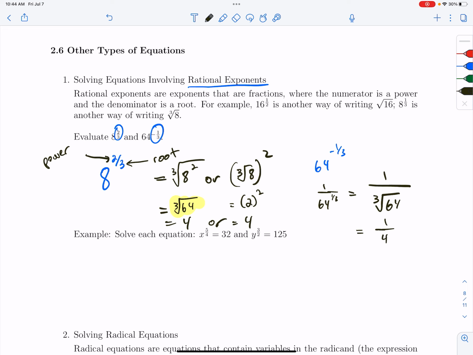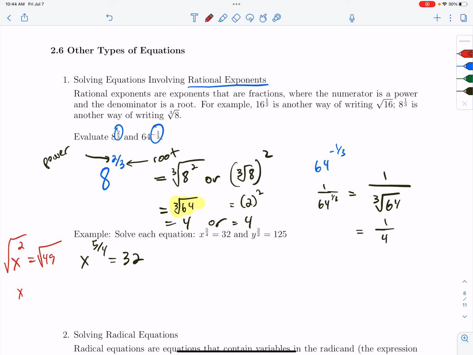So what do we do when we have an equation that has one of these rational exponents? Well, if we back up, suppose I had x squared equals 49. What we do is, to undo that squared power, we'd square root both sides.